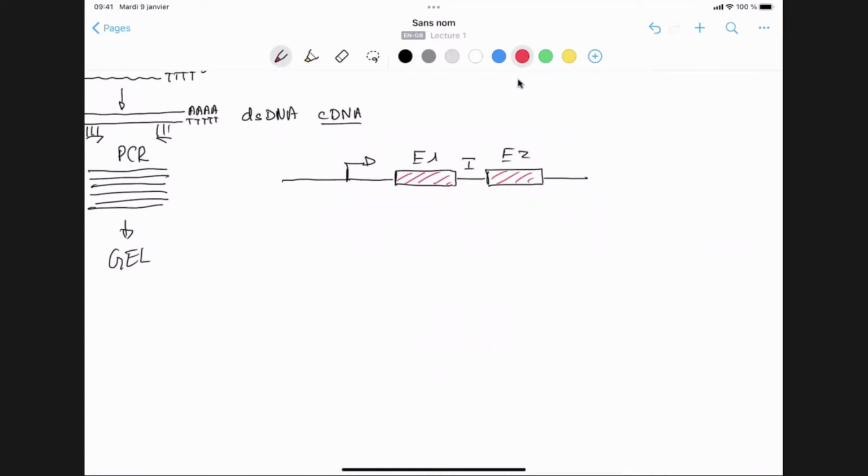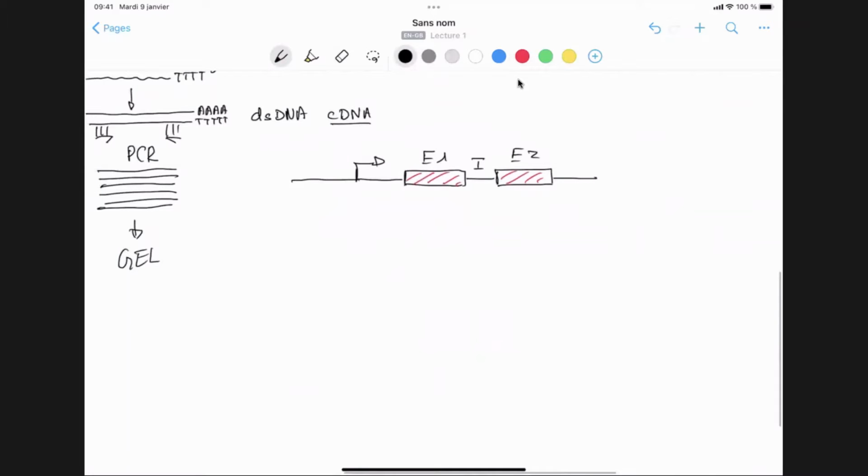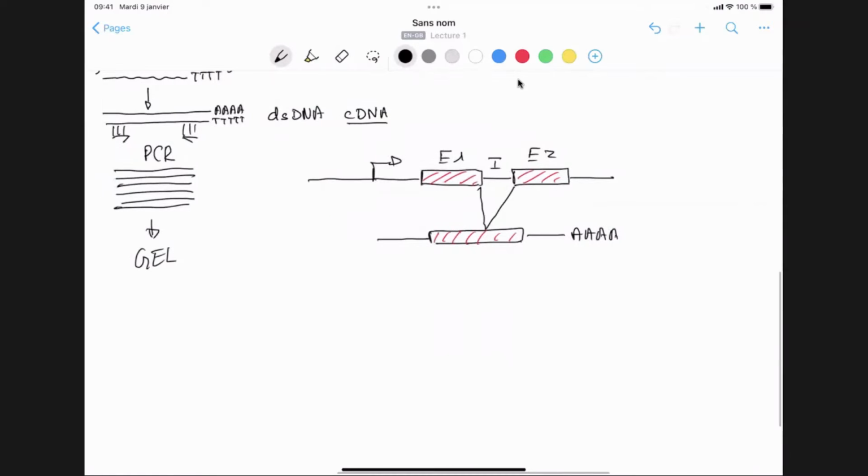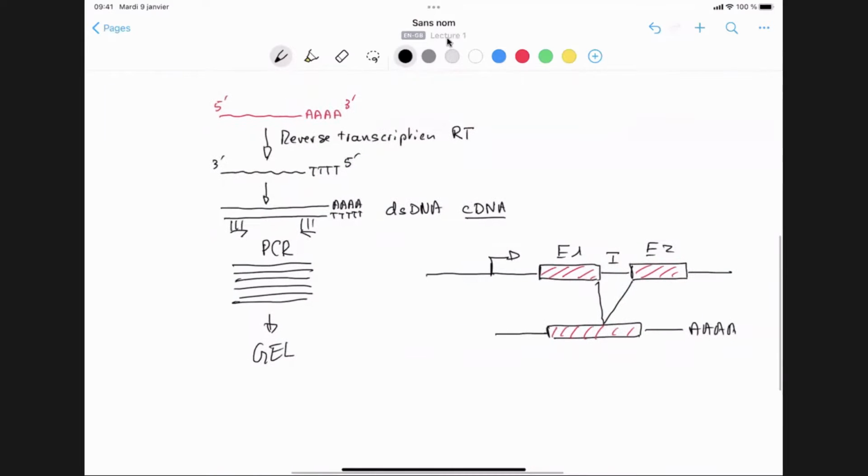The intron is removed by splicing. So the messenger RNA will be something like that, with a poly A tail, and this is the result of the fusion of the two exons.